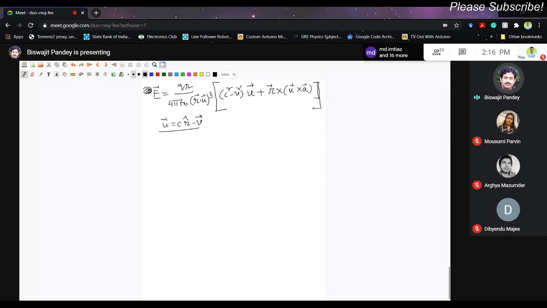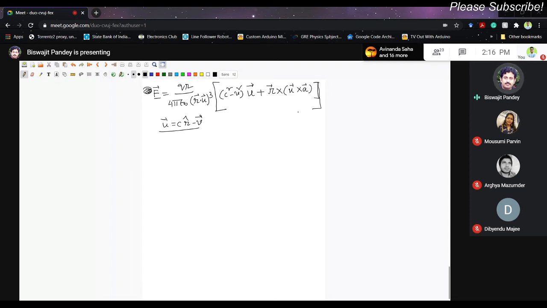Electric field for an arbitrarily moving point charge. Remember this. This is not any particular point charge which is moving with a fixed velocity. This is an arbitrarily moving point charge, so it can have any velocity. And for that we have calculated the electric field at a given field point.